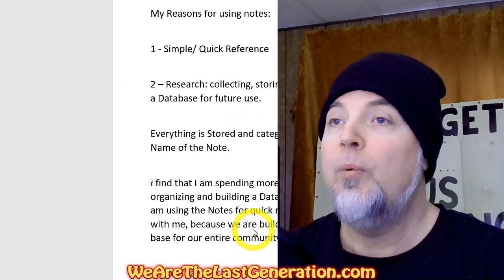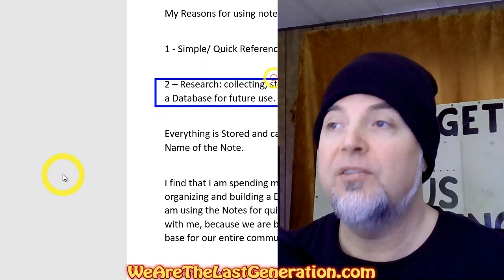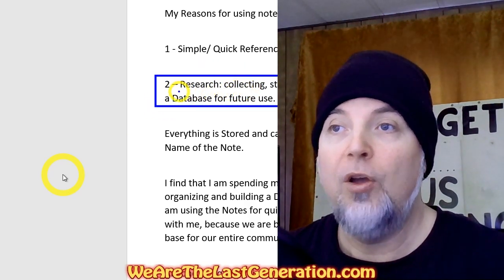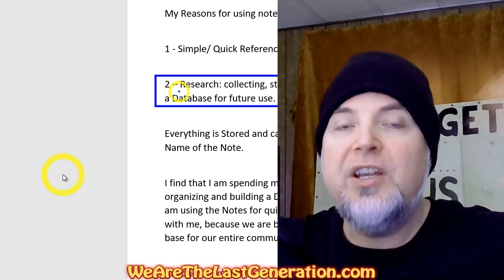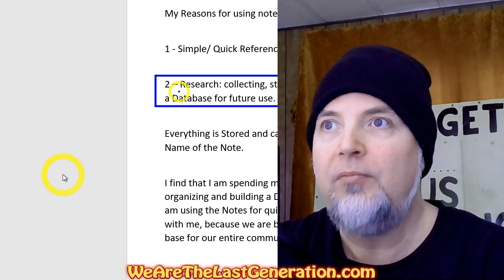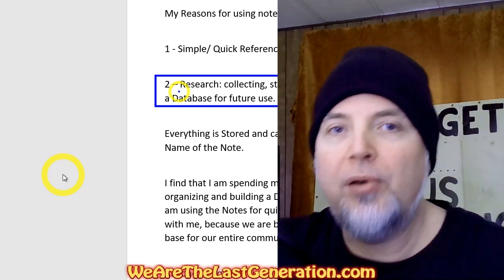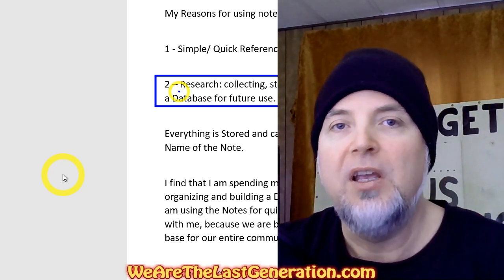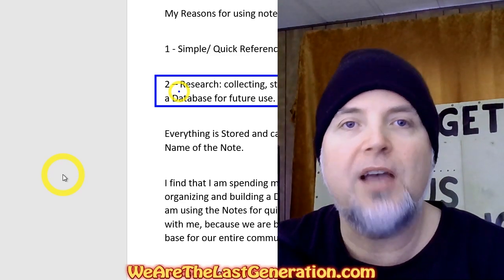And then the main reason why we're using it is for research. Why do I have so many books open? Because I'm researching the internet for ideas, and I come across things and I need to collect that data and quickly drop it in a note while I'm in the process of searching for ideas, innovations, and deeper knowledge that is related to the topic at hand.